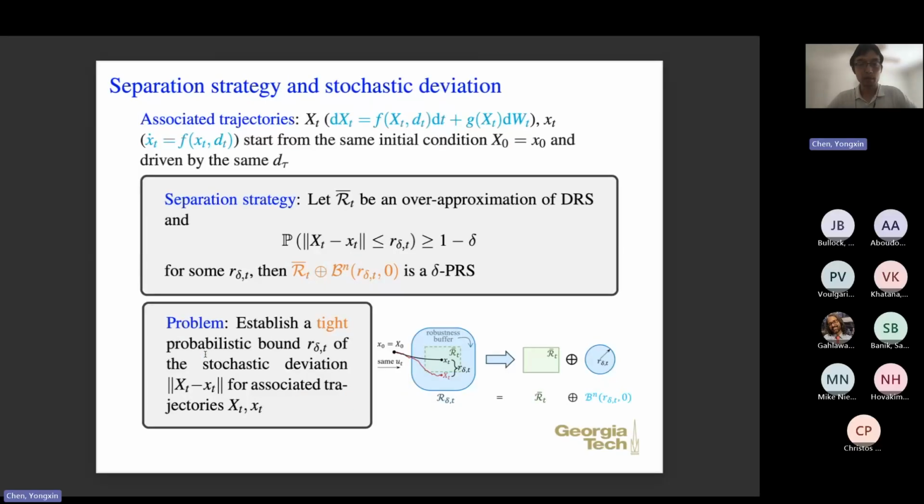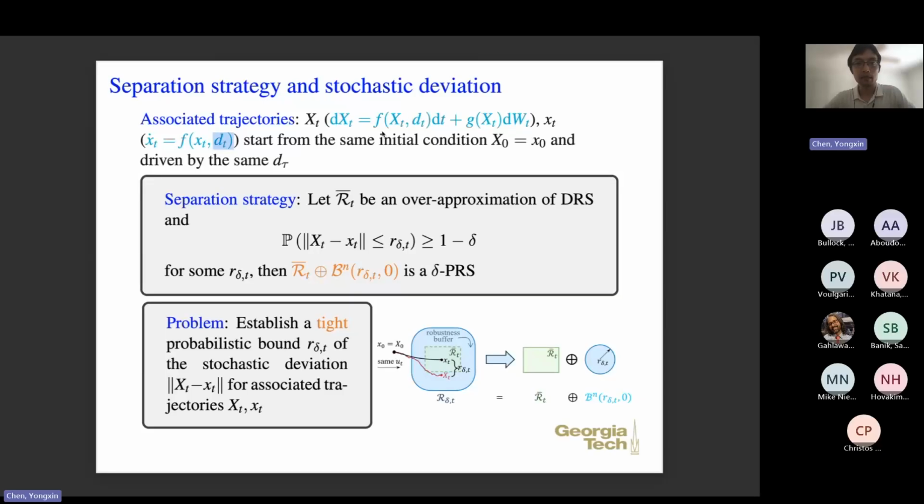Our approach is called the separation strategy. The idea is very simple. Because our system is stochastic, we first couple it with a deterministic system, which starts from the same initial condition and is driven by the same deterministic disturbance.